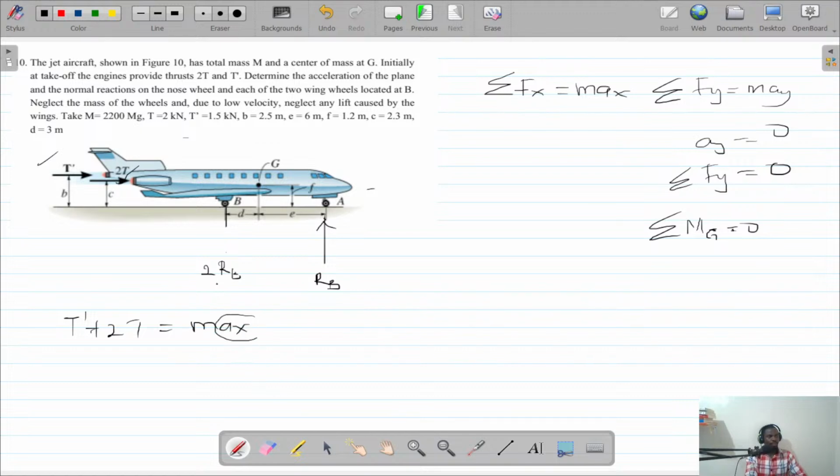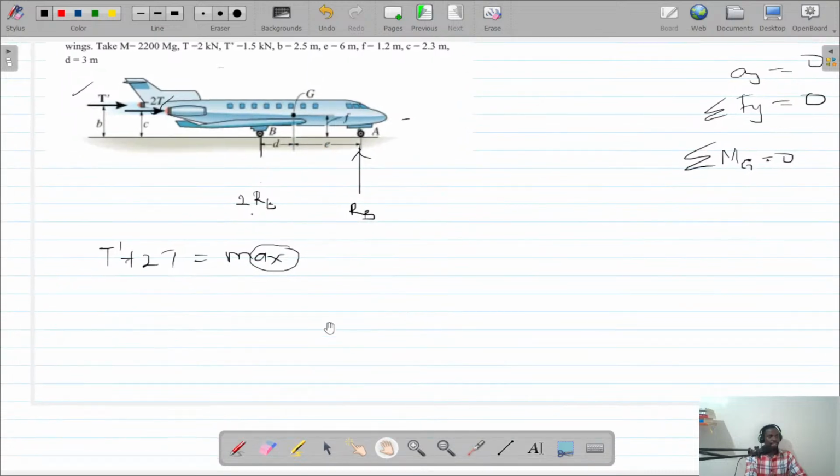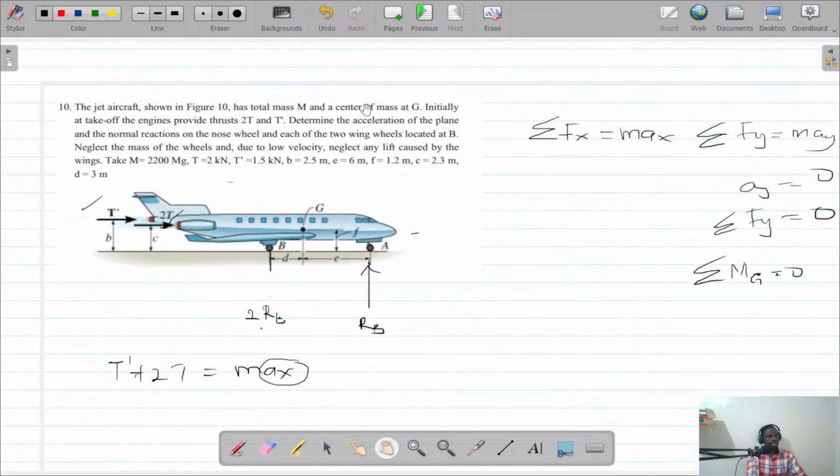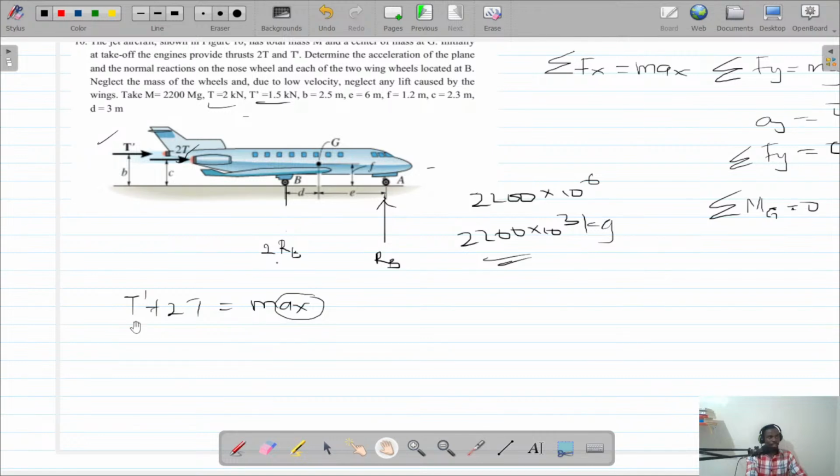What we are looking for is AX. The total mass is given as 2200 megagram, which is 2200 times 10 power 3 kilogram. T prime is 1.5 kilonewton, T is 2 kilonewton. Please pay attention: you must introduce the kilo. If not, you are wrong.